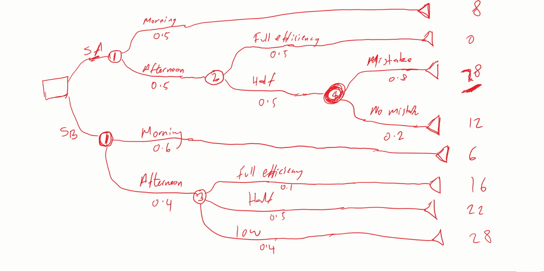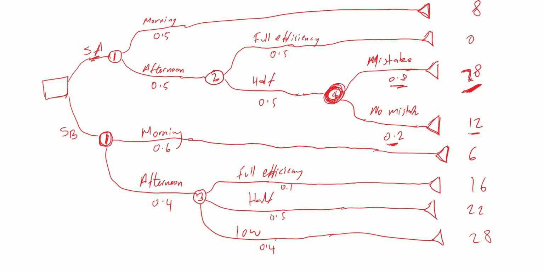As I said, it's based on EMV, expected monetary value. So what I need to do is multiply 28 by the probability of 0.8, plus 12 multiplied by 0.2, and that would give me a value for that node. So let me do the calculation here.